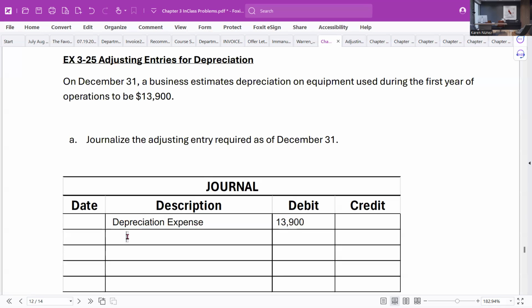And we need to credit the accumulated depreciation for the 13,900. And now we have recognized the depreciation, the expense, as well as the adjustment to that contra asset account that we call accumulated depreciation. And that is exercise 3-25, part A.